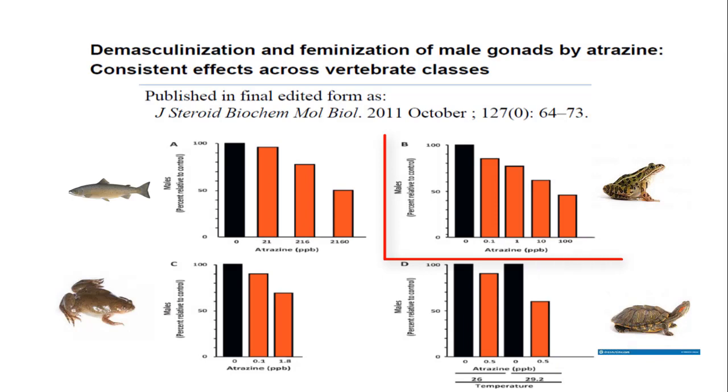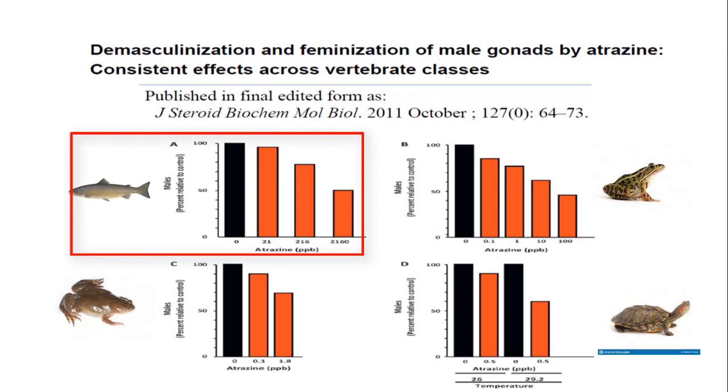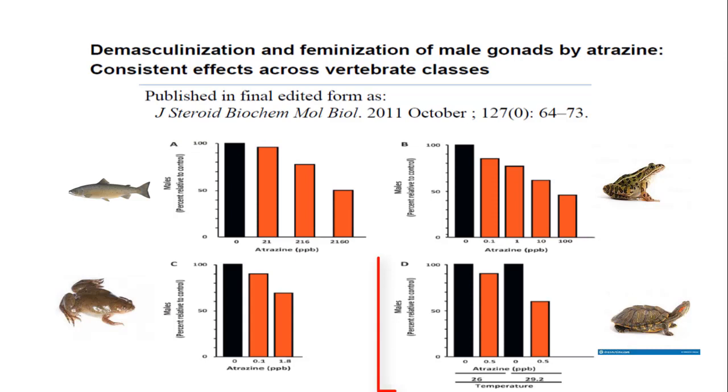For example, in frogs, it starts at 0.1 part per billion, and as we can see in fish, the concentrations start at 21 parts per billion, and in reptiles, it also depends on the temperature. Concentrations of 0.5 parts per billion, if the temperature is higher, will cause a greater decline in the number of males.